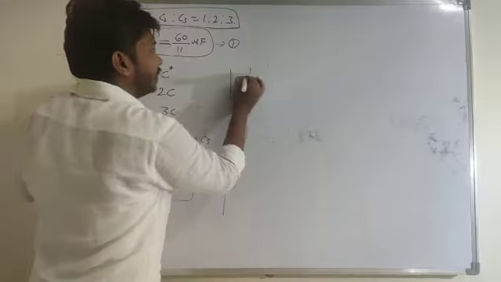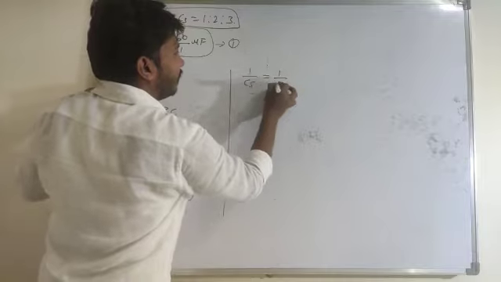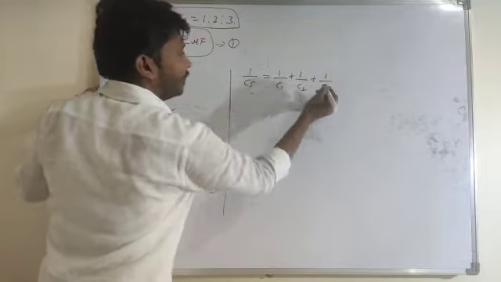And in series combination, 1 by Cs is equal to 1 by C1 plus 1 by C2 plus 1 by C3.